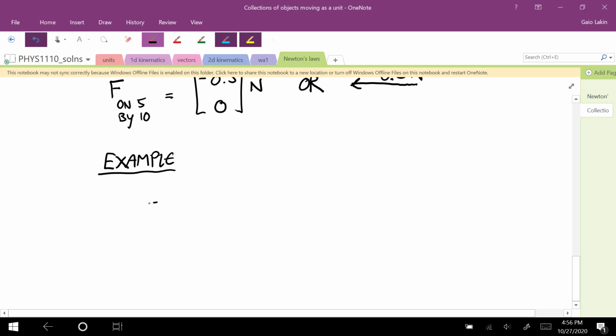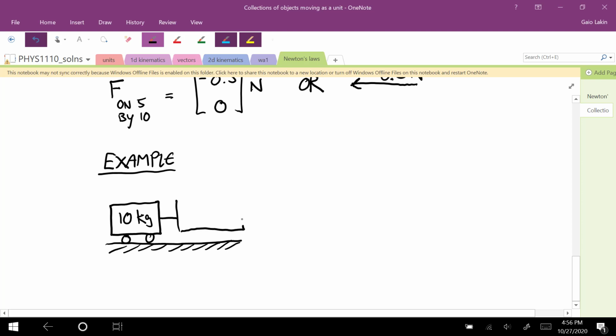Okay, so we have one there. That's 10 kilograms. And the connector. And then there's the 15 kilogram.